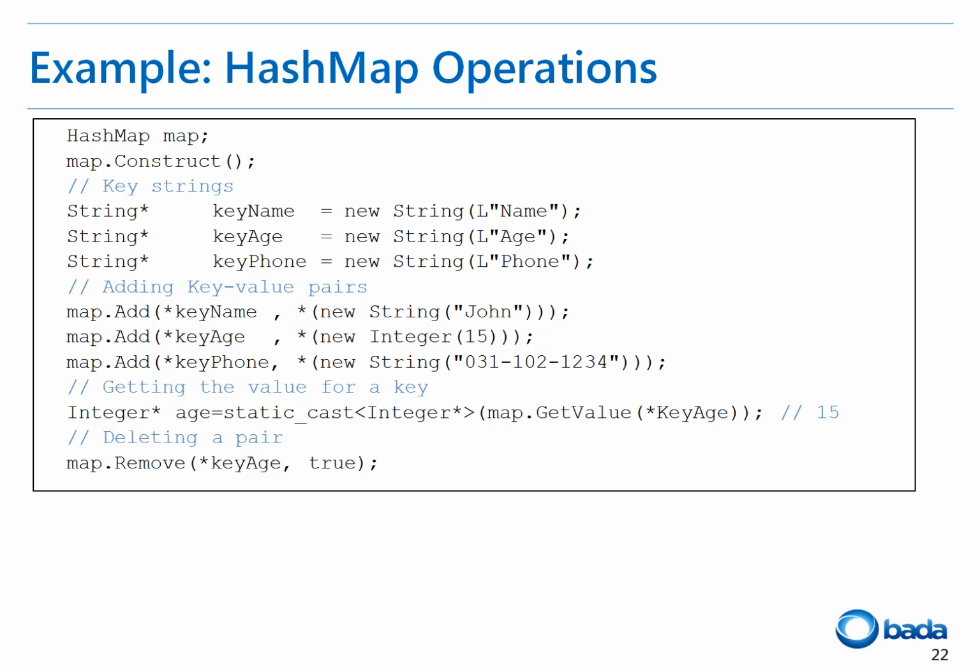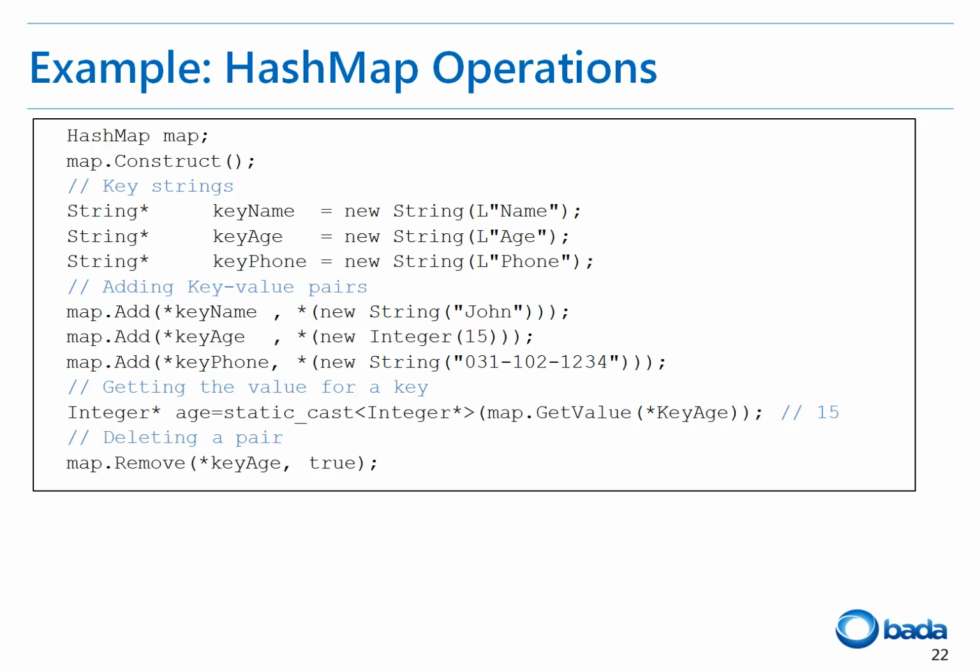Then, to get the value of age from the map, I called the getValue function of the map, passing the string age. Then I cast the value to the integer pointer to get the value as an integer. This example also shows how a value corresponding to a specified key can be deleted from the map.